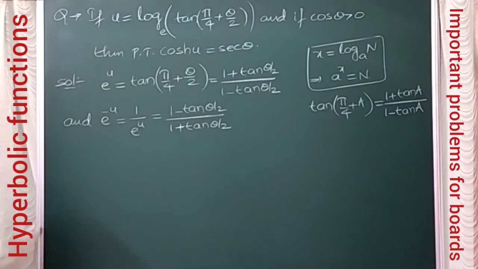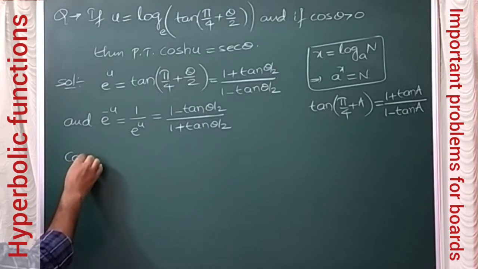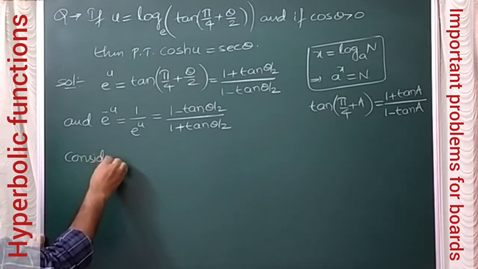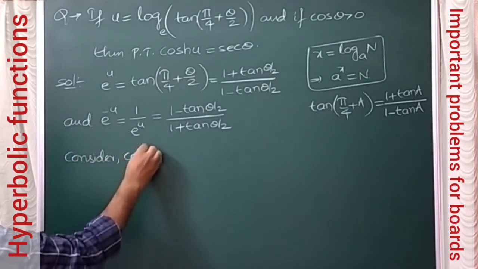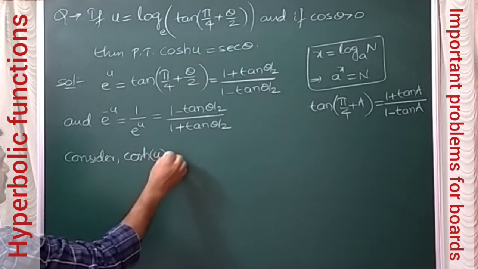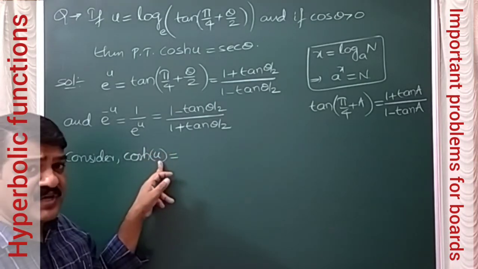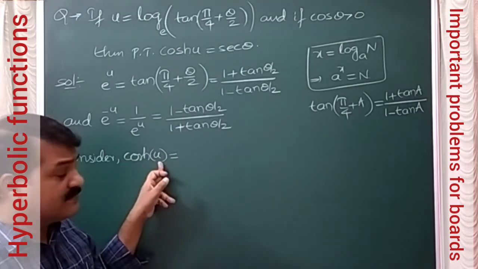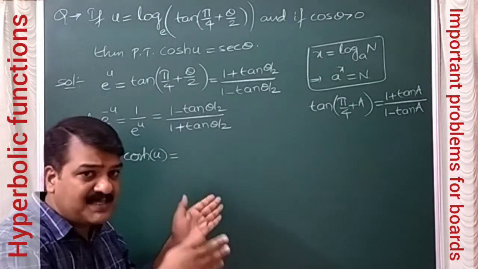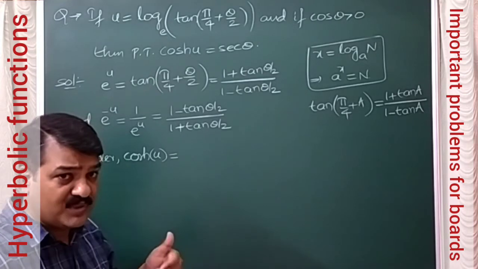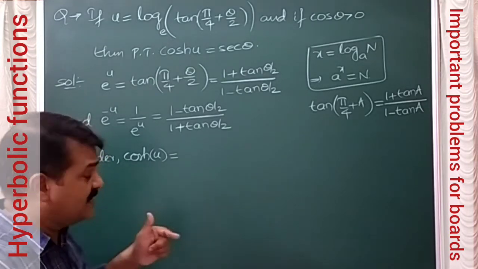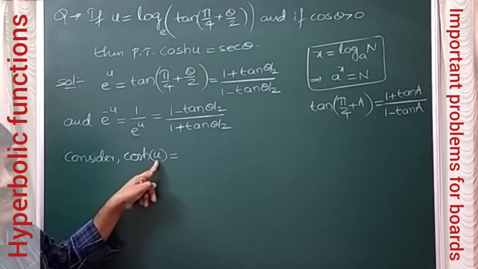So take cosh u now. So consider cosh u. If you have cosh x, that will be e power x plus e power minus x by 2. Instead of x we have u here.